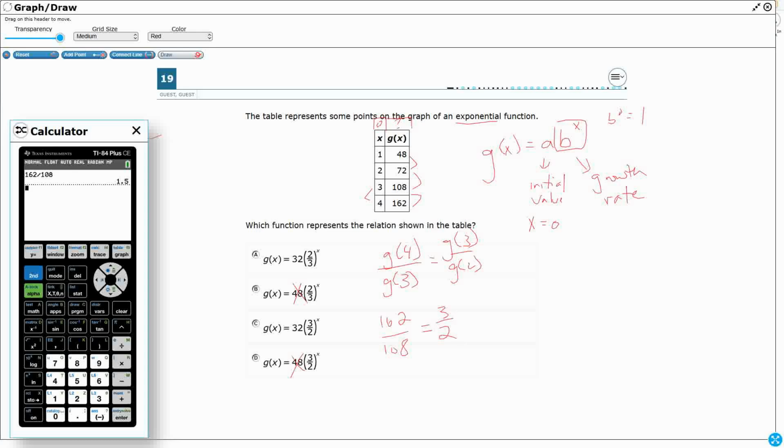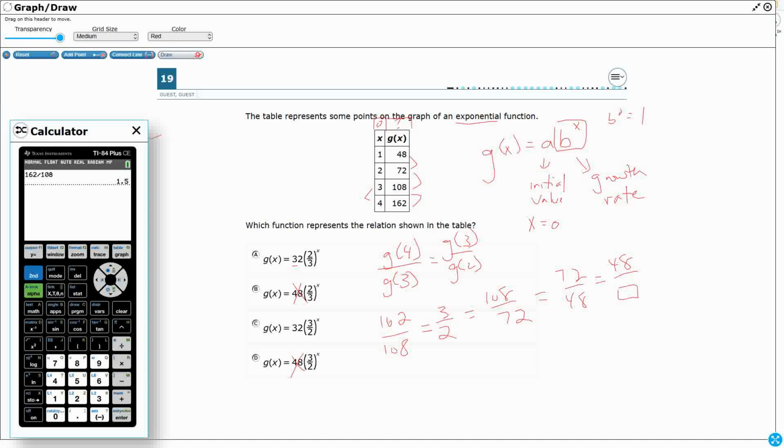If my b equals 3 halves, now we need to see if that holds true for all the others. Technically, 108 over 72 would be the same thing, 72 over 48 would be the same thing, and 48 over our missing number, our initial value.